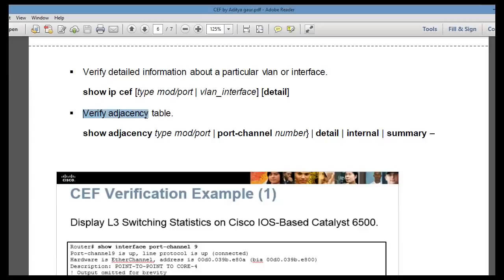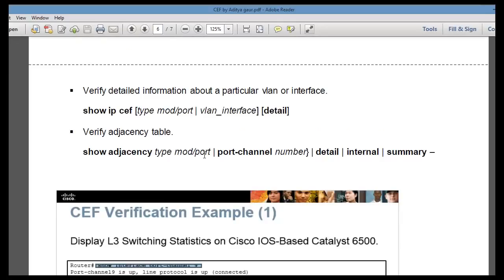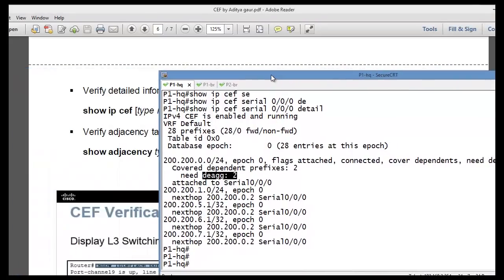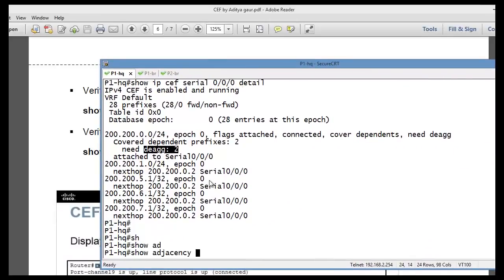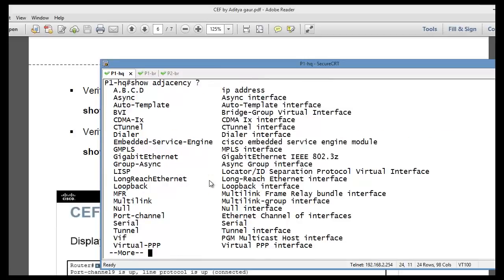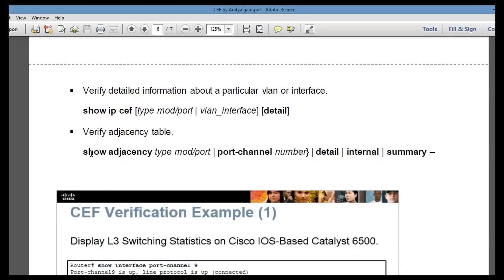To verify the adjacency table, show adjacency, and then after you can use summary or you can define a particular interface as well. So this was the interface, port channel, line. Actually it is running on a layer 3 switch. So adjacency, and then what kind of adjacency are you looking for? Adjacency, and then after it the particular interface or a port channel number and detail, and so on.